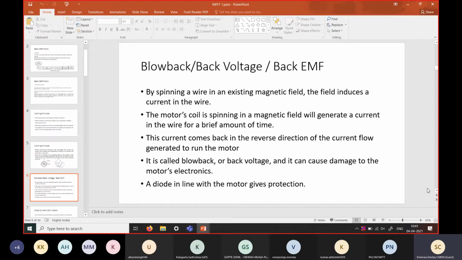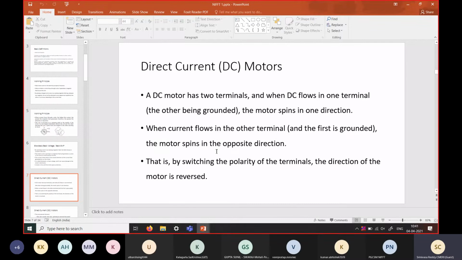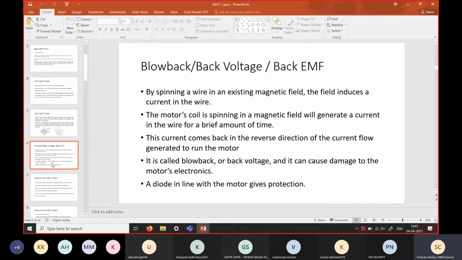When this back EMF saturates, it poses a limitation to the motor, that for a particular motor we cannot achieve speed beyond a certain maximum range. This back EMF in the case of BLDC motors is also used for sensing the rotor position.